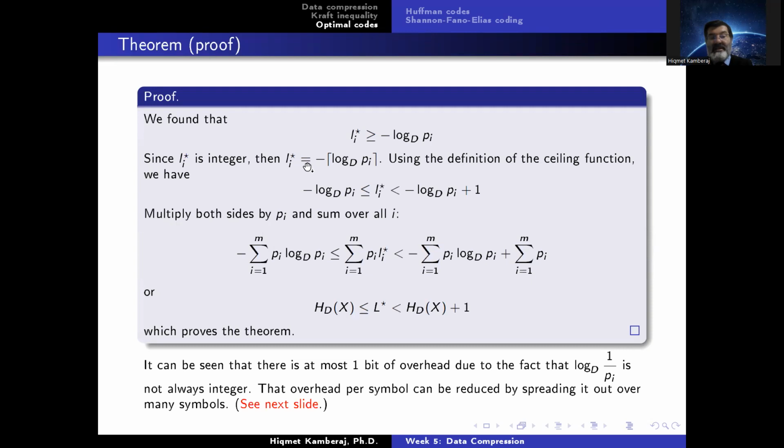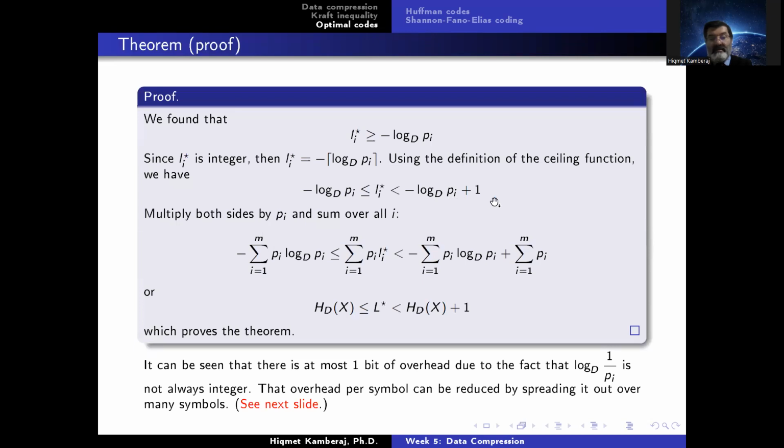So L_i star is equal to the ceiling of minus log with base D of p_i. Using the definition of the ceiling function, we know that L_i star is greater or equal to minus log with base D of p_i and strictly less than minus log with base D of p_i plus 1.